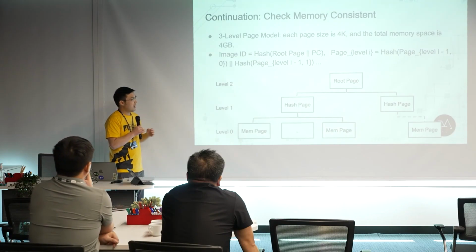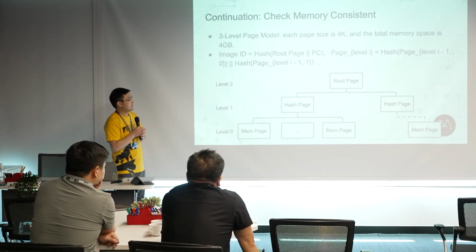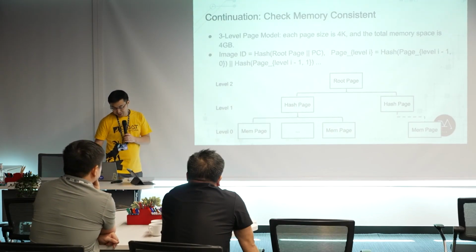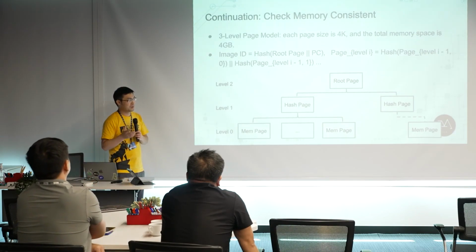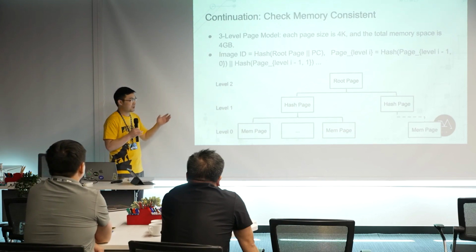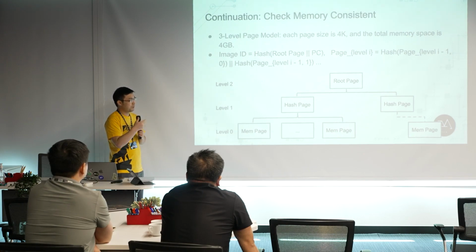Okay, so here the hash function we are using is the Poseidon hash. It's more friendly to the circuits, but basically it's not friendly to the CPU when we calculate the root page. But that's okay because when we perform it outside of the ZKVM, it's very fast actually.